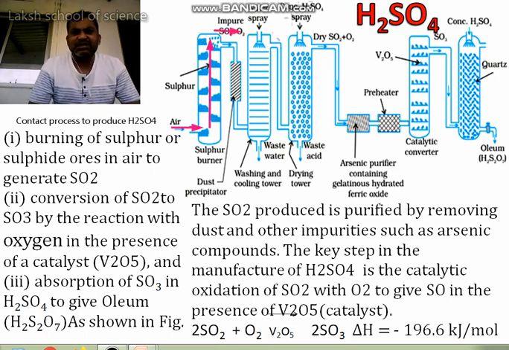So here I am showing you this flow chart. Here the first chamber is there. In the first chamber, the sulfide ores are heated, air is passed, and due to the hot air the ore is burnt and sulfur dioxide is formed.